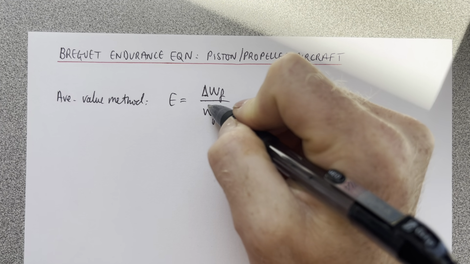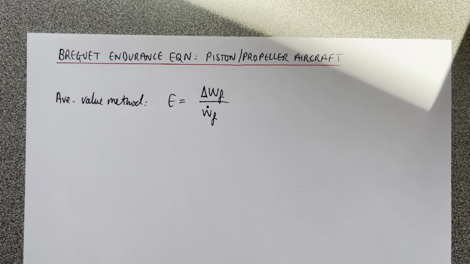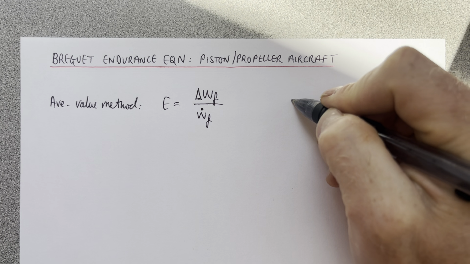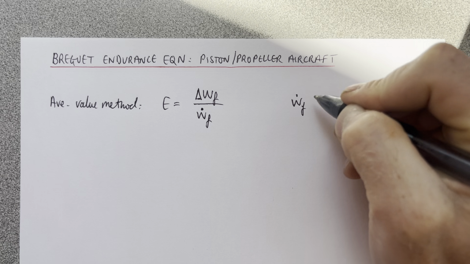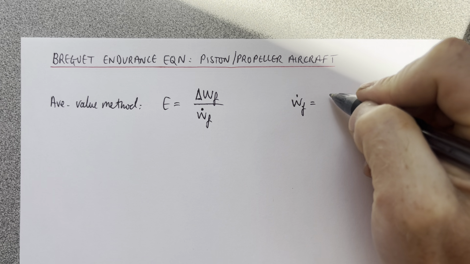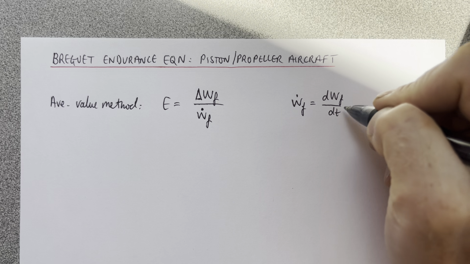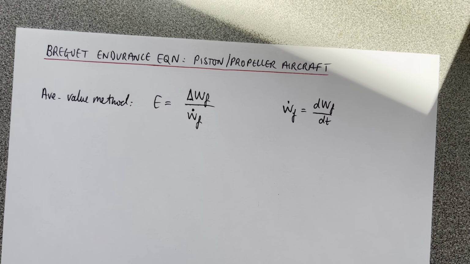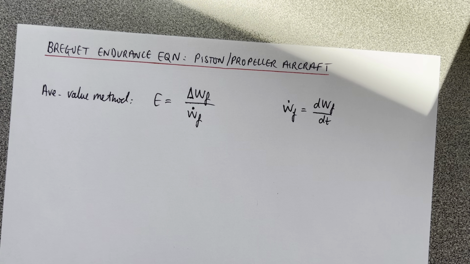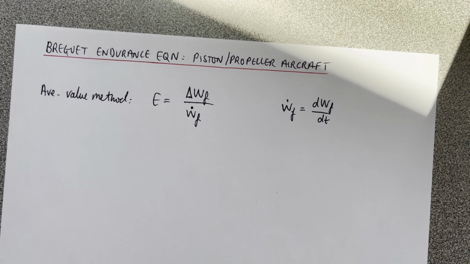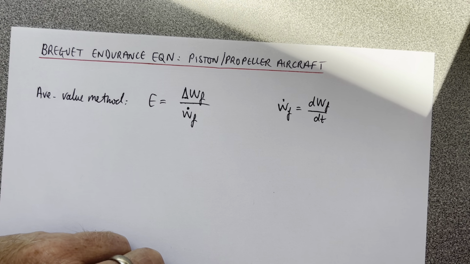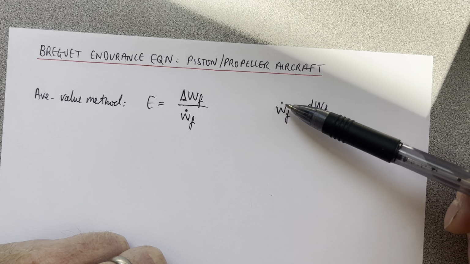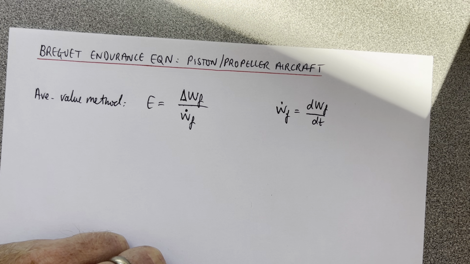This dot notation here is just shorthand for a derivative with respect to t in the usual way, so this is just dWF by dt. Depending on the propulsion type of the airplane, in this case a piston propeller driven airplane, that will depend on how quickly we burn fuel as a function of some properties of the engine and the propeller efficiency factor.